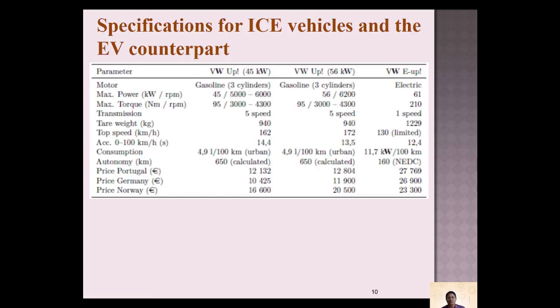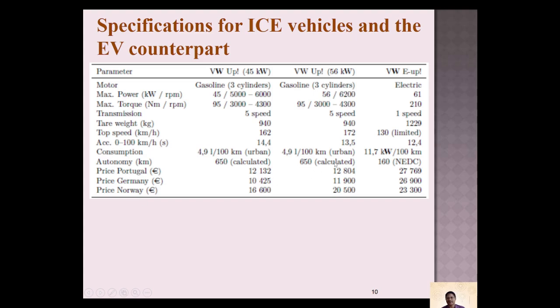So an IC engine vehicle as well as an electric vehicle is specified by the motor, the maximum power, maximum torque, type of transmission, then curb weight, how much top speed it can run, acceleration 0 to 100 kilometers, then the consumption of power, then the autonomy range you can say, and then the cost.